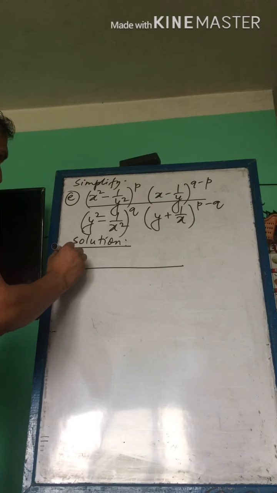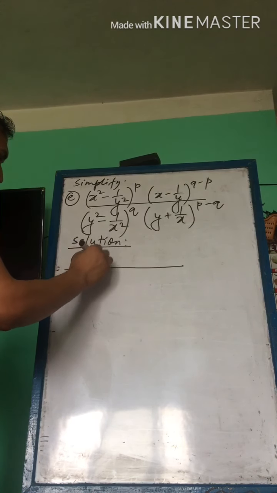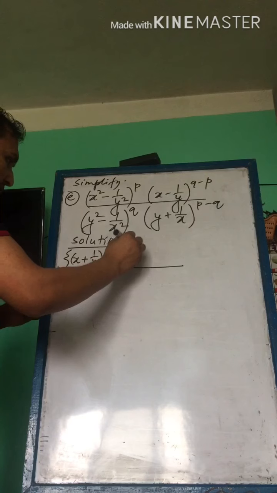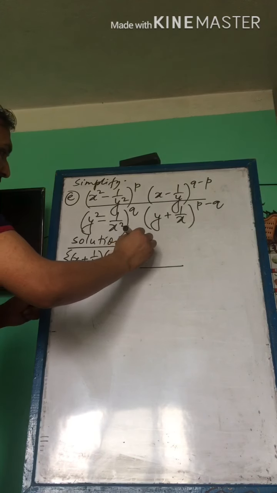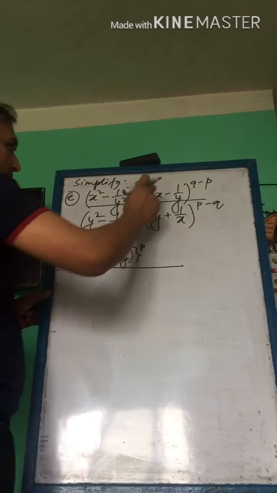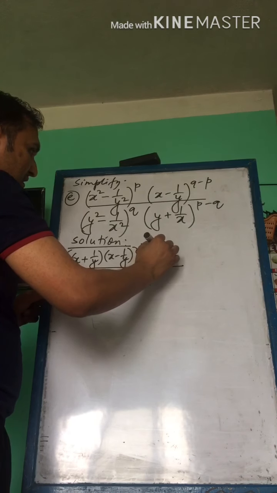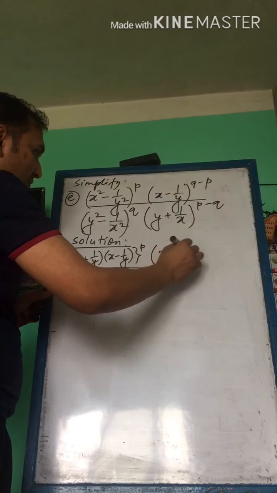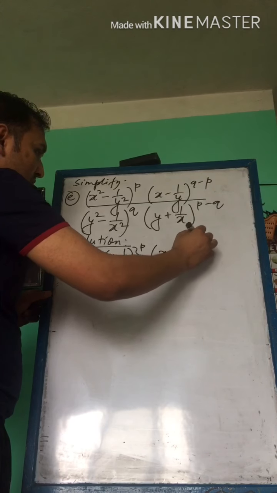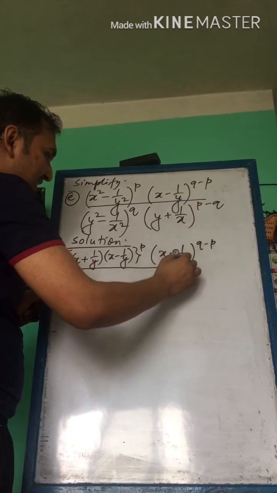Now let us do it here. x plus 1 upon y, x minus 1 upon y, whole to the power p, and this one keep as it is, x minus 1 upon y whole to the power q minus p. This one keep as it is.